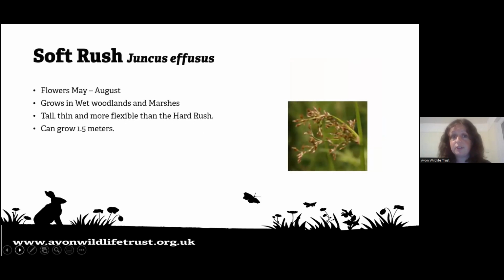Soft rush, Juncus effusus, flowers May to August, and it grows in wet woodlands and marshes. It's light green in colour and much more bendy than hard rush, and can grow quite tall, 1.5 meters.